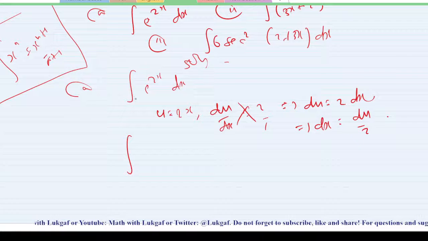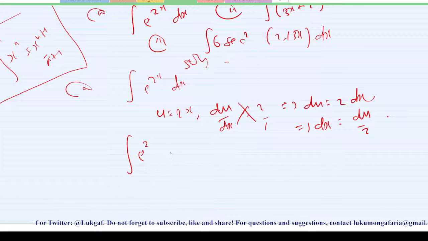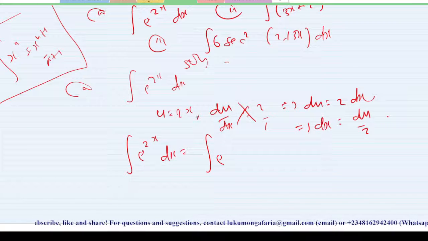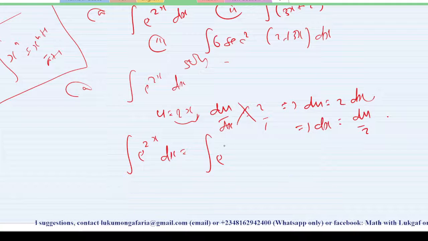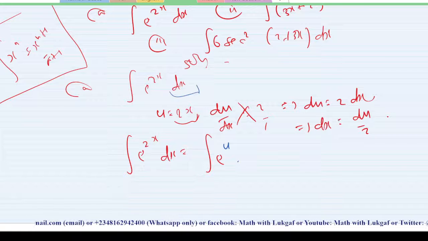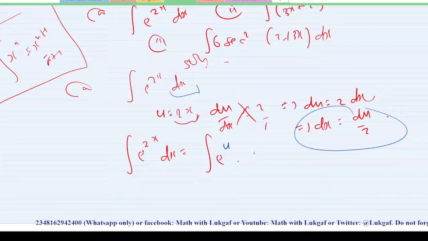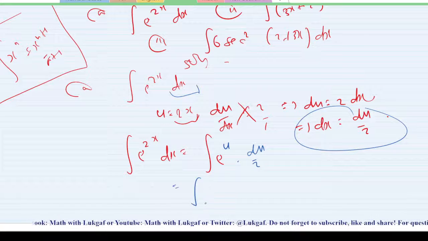Then you go back to your question. I have the integral of e raised to power 2x dx. That will give me the integral of e raised to power, I've made my 2x to be u, multiplied by your dx. dx is the same thing as du divided by 2. So that's the same thing as the integral of e raised to power u times du over 2.